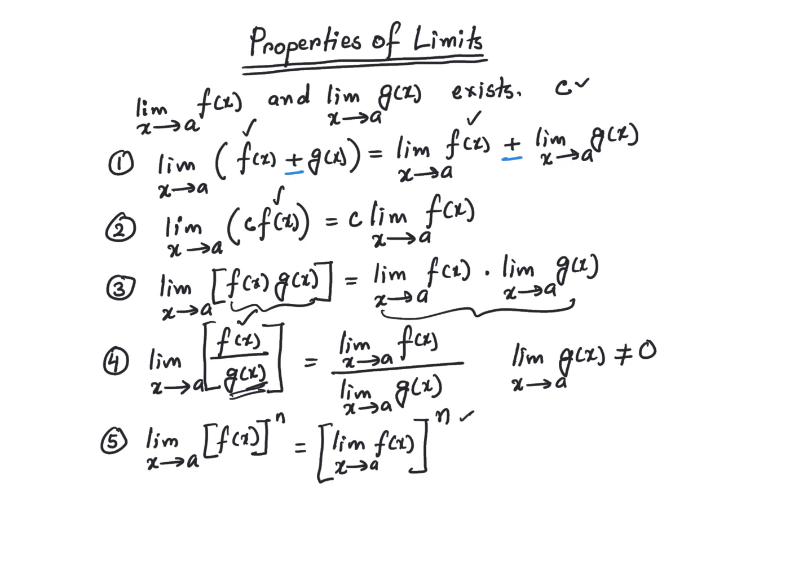The next rule would be this. Limit x approaches a, nth root of the function f of x is equal to the nth root of limit x approaches a, f of x.